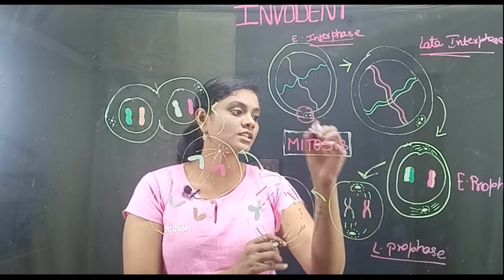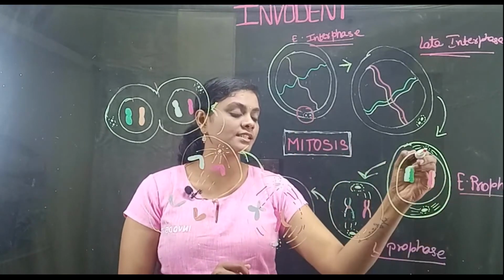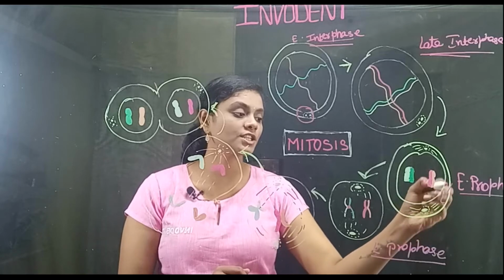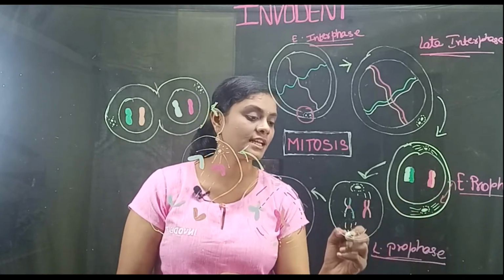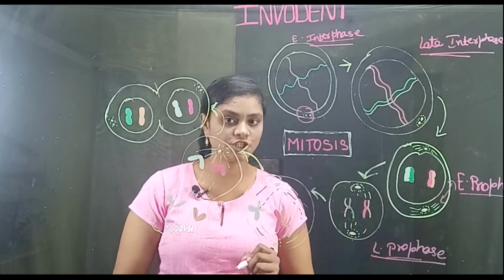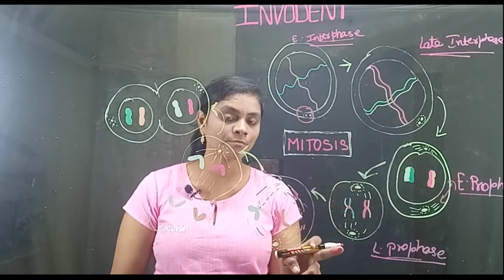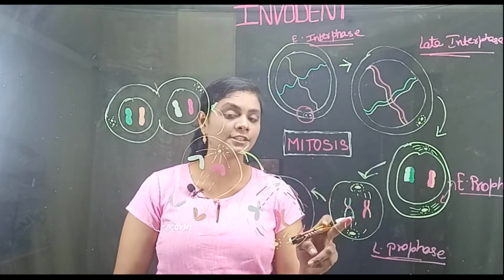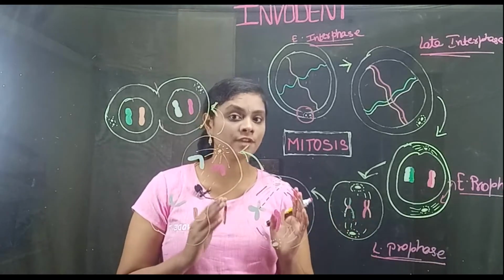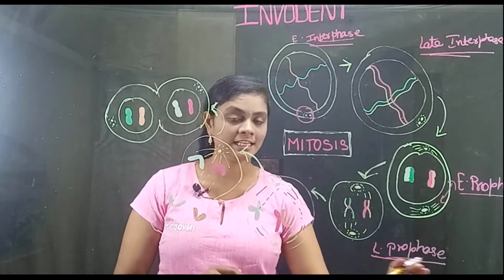See, they are very close here, and in the early prophase, they started going away from each other, and in the late prophase, they are completely away from each other. So the centrioles have become away from each other, and the chromosomal structures are very much appreciable in late prophase.